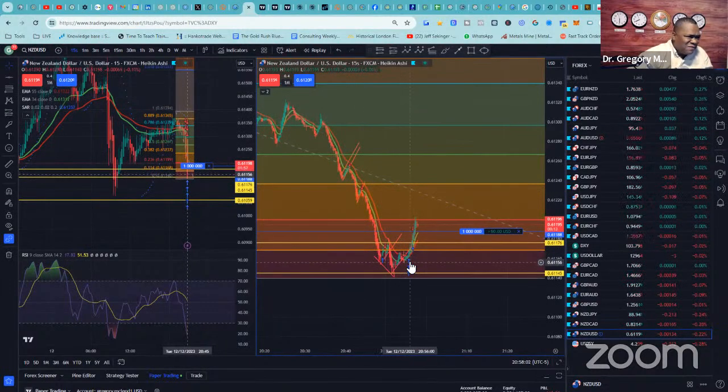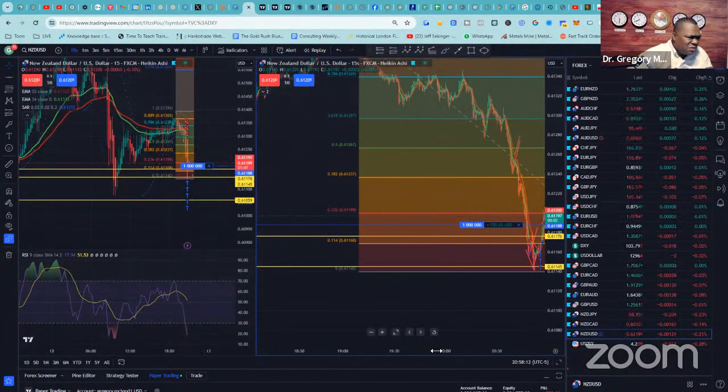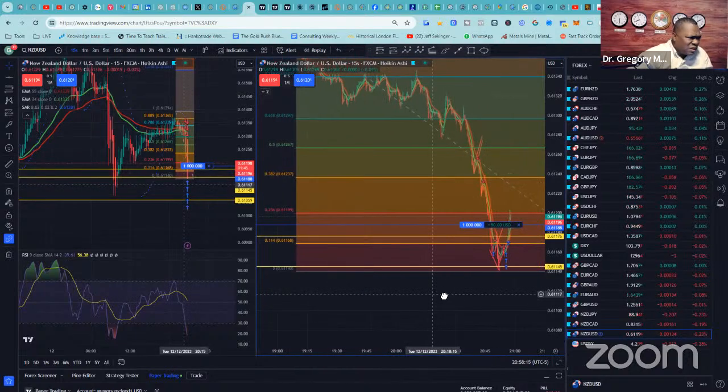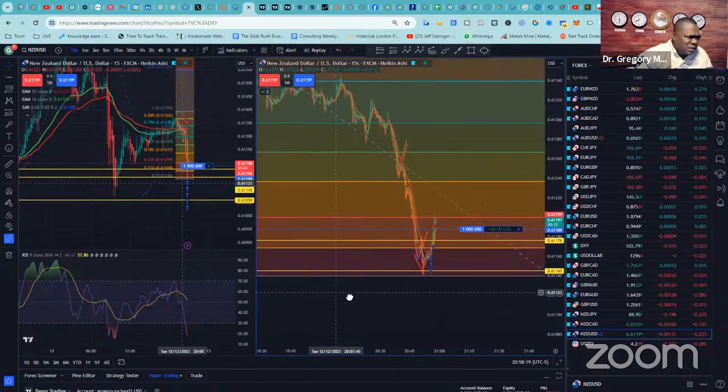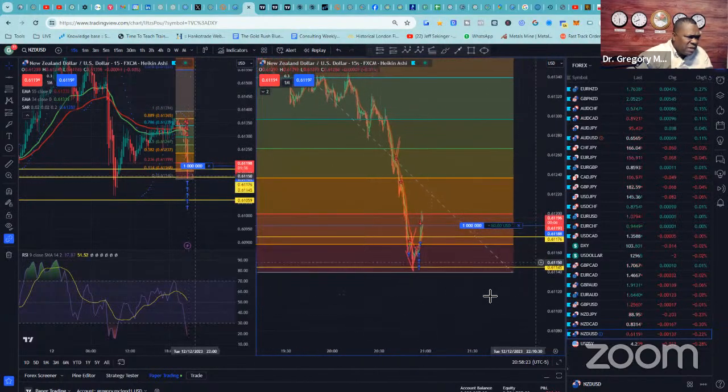Got stopped out, then flipped it and just stacked it. What is this, the 23% retracement, 38% retracement, 61.23? See if we can work our way back up there, maybe.